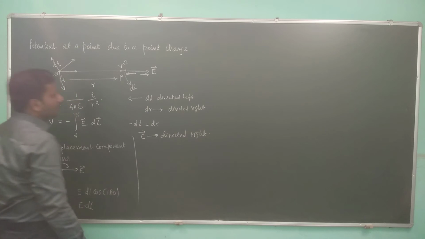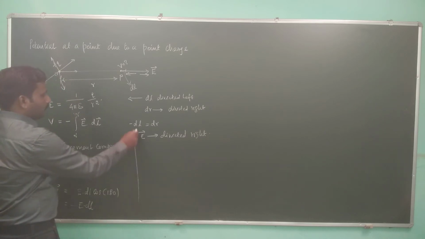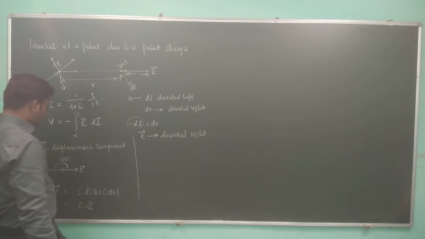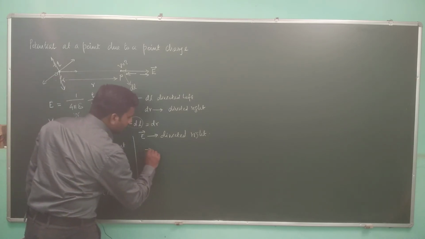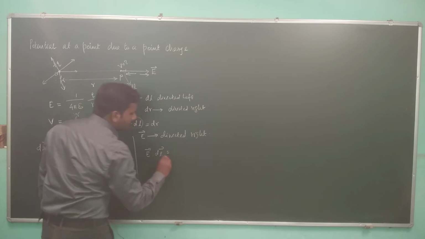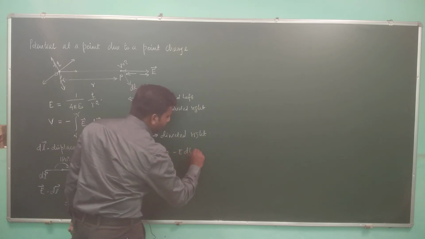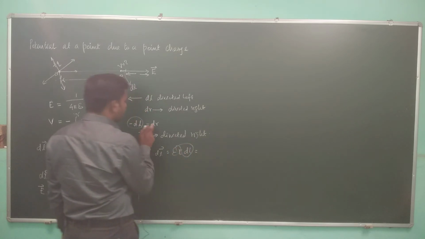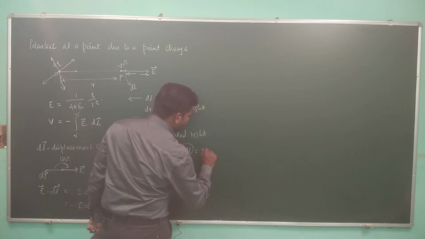Now what we said, minus dl is equal to dr. Substituting here, E vector dot dl vector equals minus E dl, and minus E dl can be substituted with plus E dr.